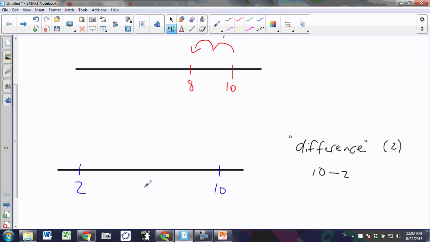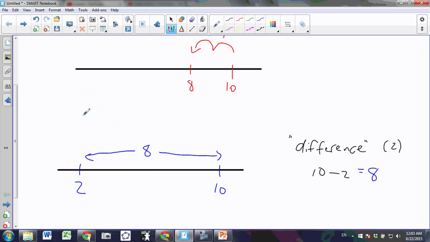What number would it make sense to use to describe how different 10 and 2 are? Well, they're different by 8, because 10 is 8 more than 2. The difference is 8. And see, if you think about it, it makes sense to say the difference is 8.